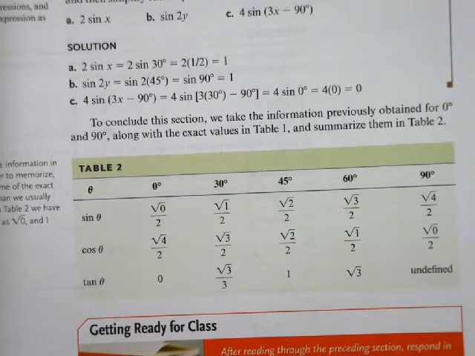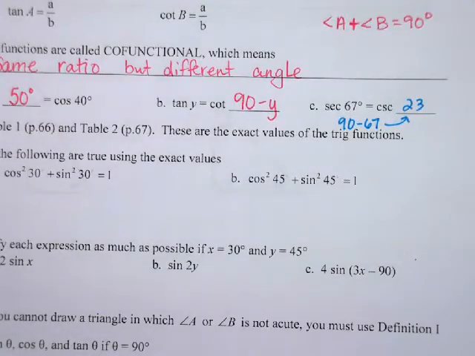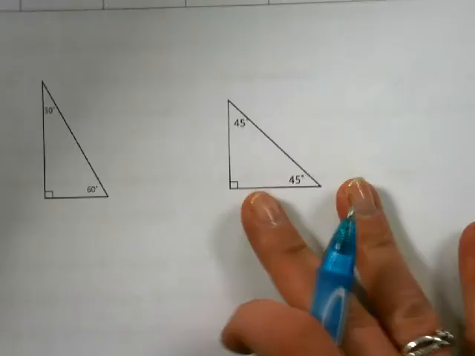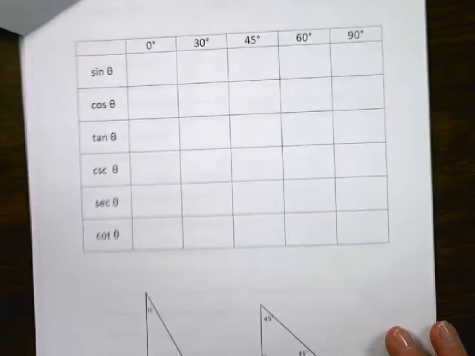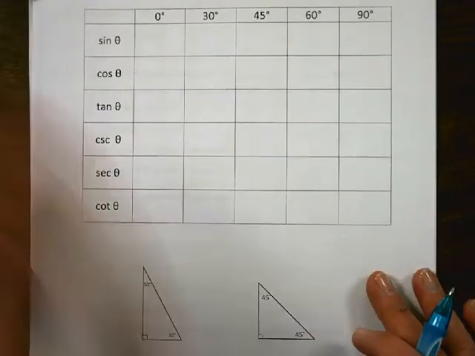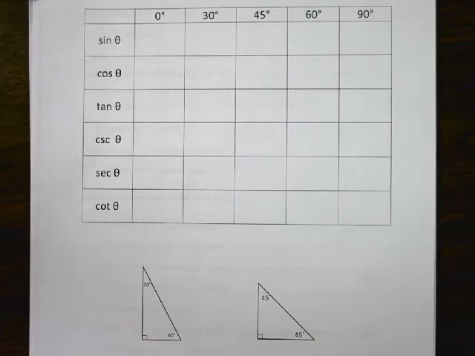Okay? All right, so what I want you to do is turn the page, and I'm going to show you how to make this chart, because you're going to need to start memorizing these things. So you should have this chart here on the next page of your notes. This chart is going to come in very handy while you're doing your homework. It's going to be the same thing, except we're going to put all 6 trig functions on it.